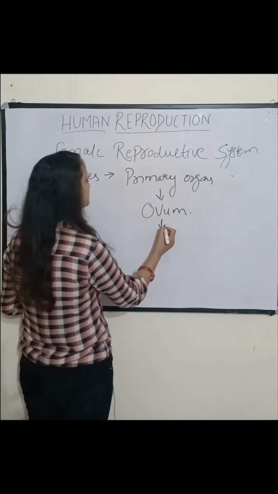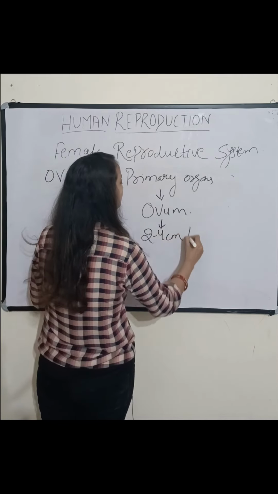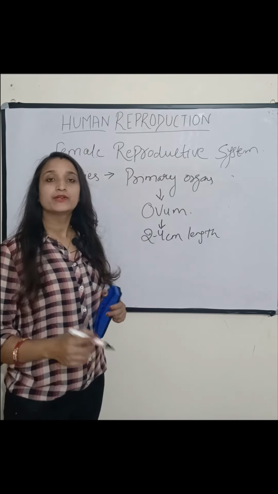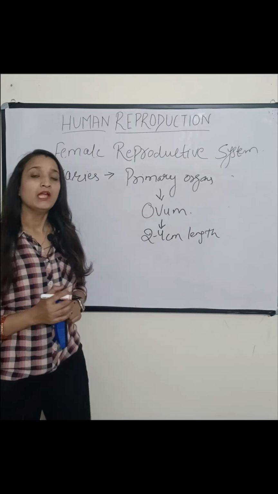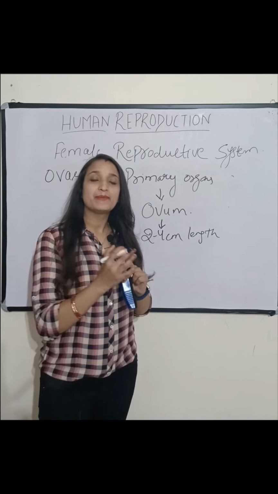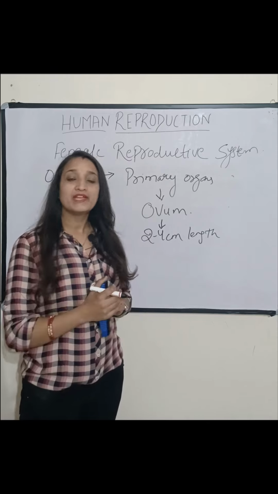Each ovary is 2 to 4 centimeters in length, attached to the pelvic wall and uterus through ligaments.